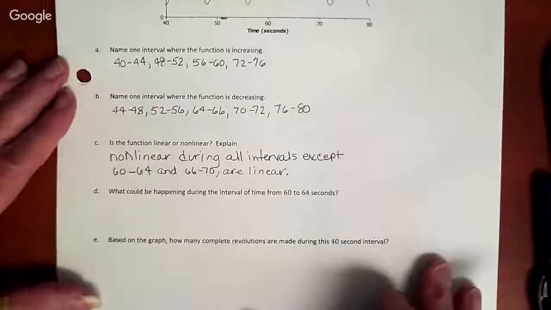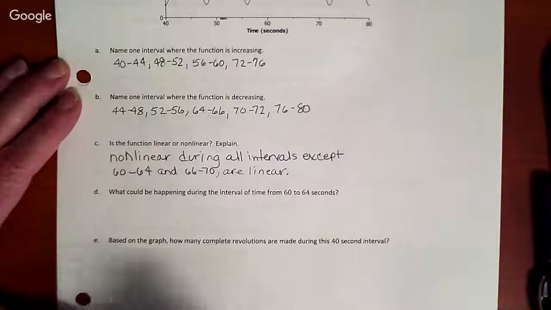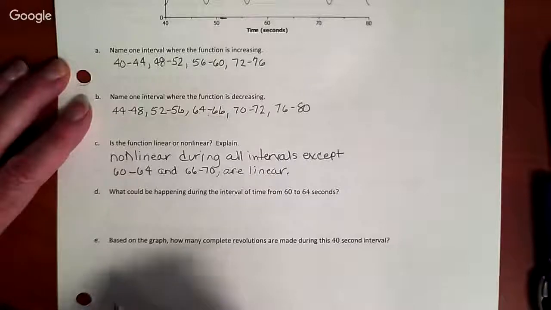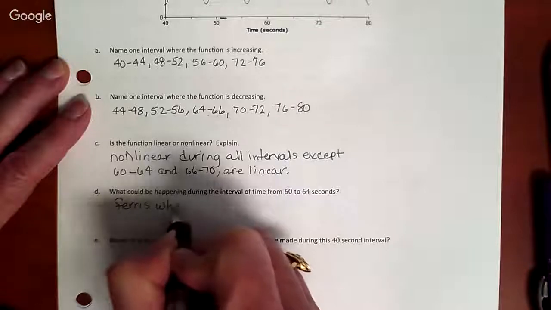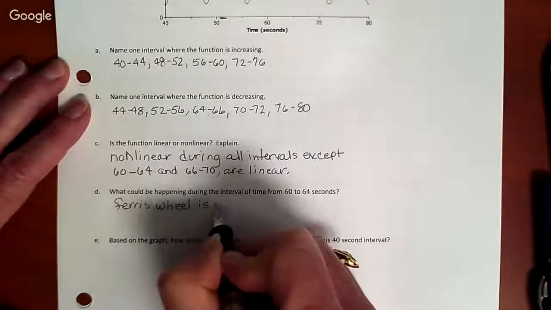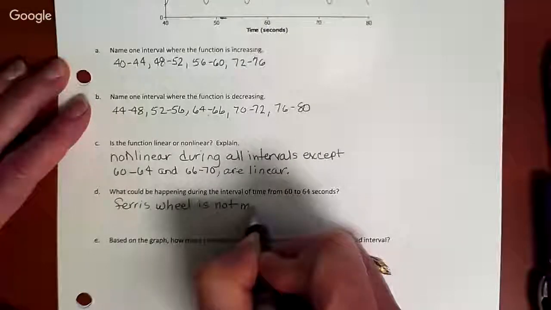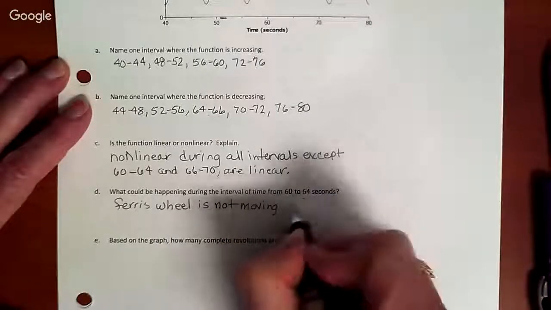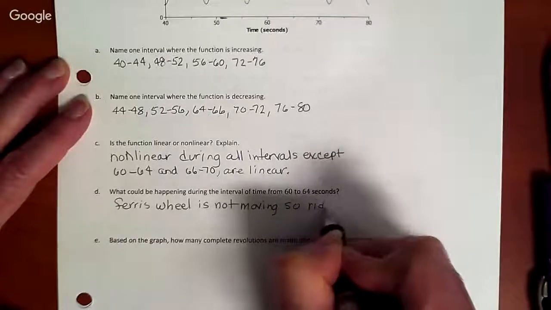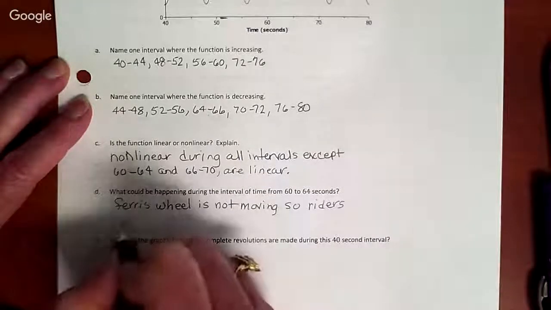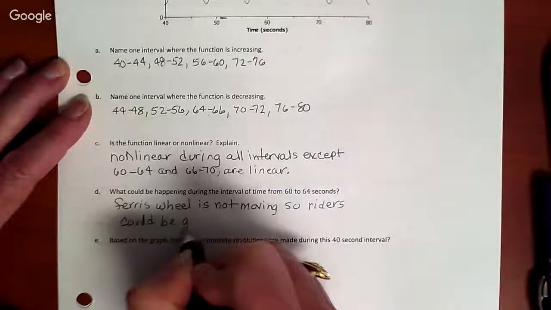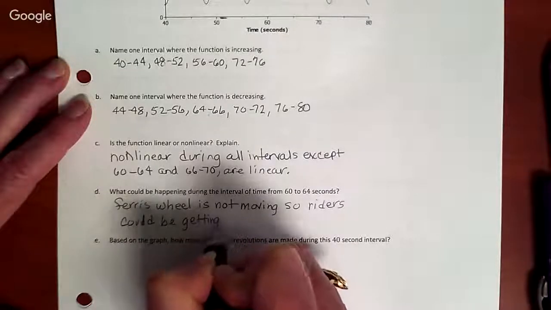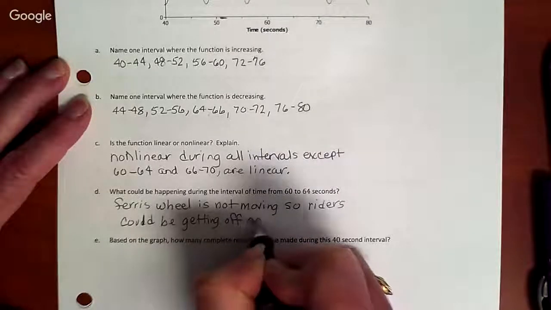Okay. Next, it says what could be happening during the interval of time from 60 to 64 seconds. The Ferris wheel is not moving. So riders could be getting off, or on.